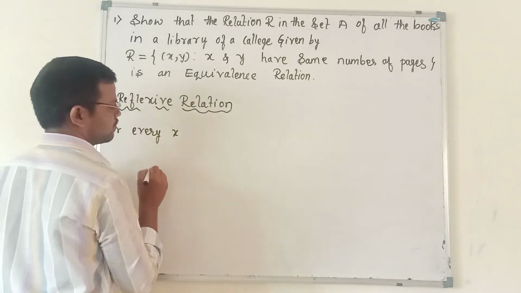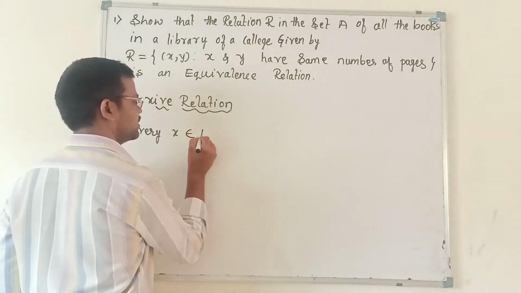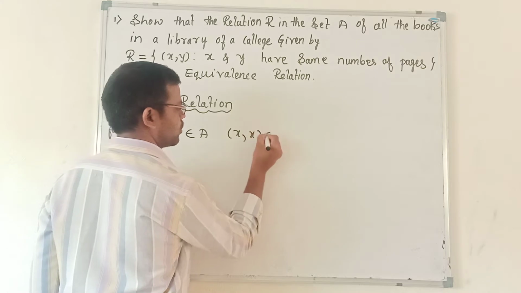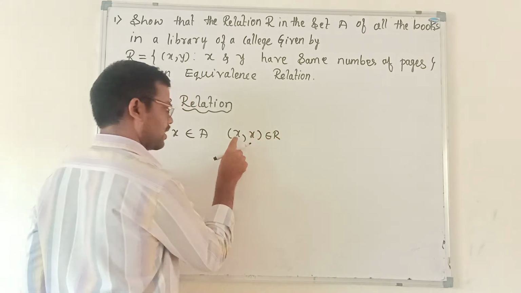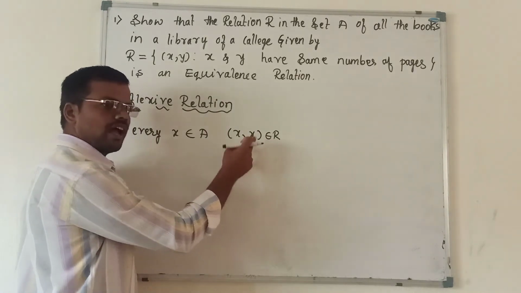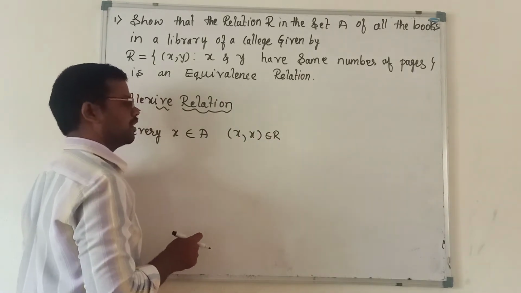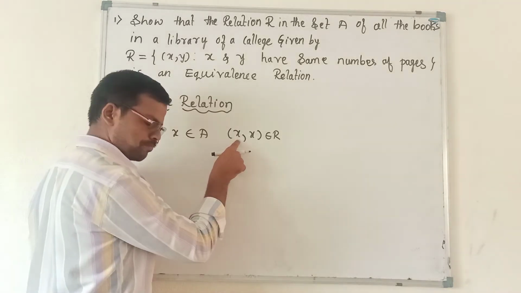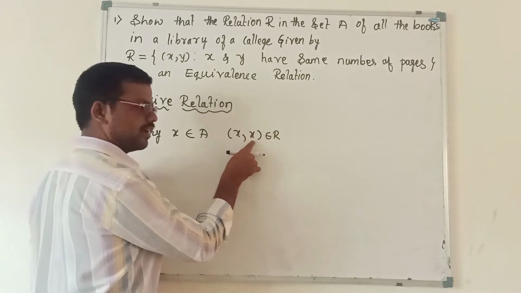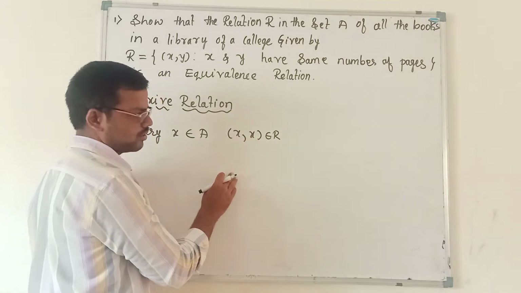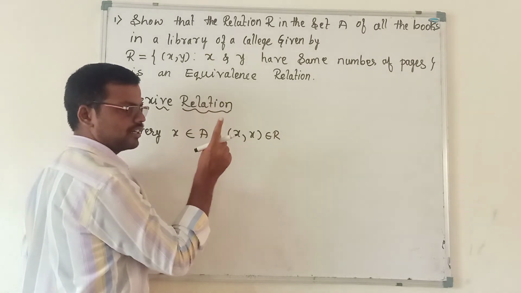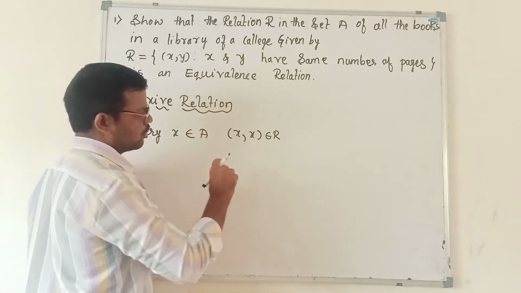For every x belonging to A, obviously (x, x) belongs to R. Why? Because x and x itself have the same number of pages. For example, if you take a mathematics book part 1 and the same textbook, it has the same number of pages. We do not have only one mathematics book in a library; we have so many.